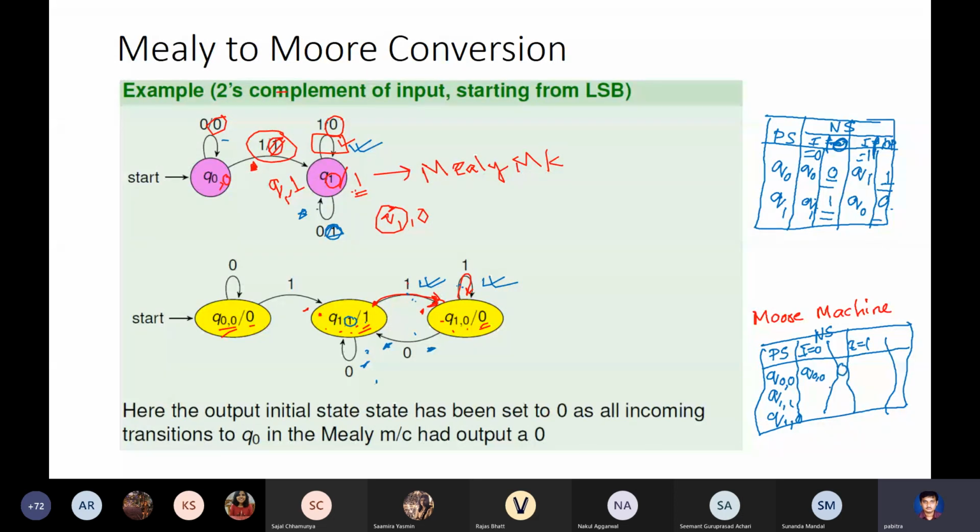On Q00, receiving an input 1, it goes to Q11 and produces an output of 1. On Q11, on receiving an input 0, it's back to Q11 and produces an output of 1. And on Q11, input of 1, it goes to Q10 and produces an output of 0. Okay.